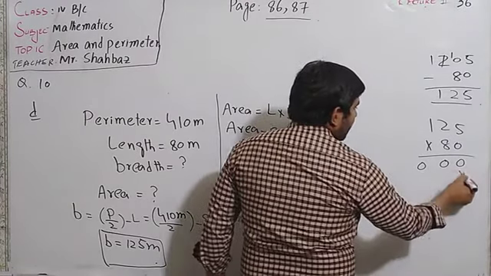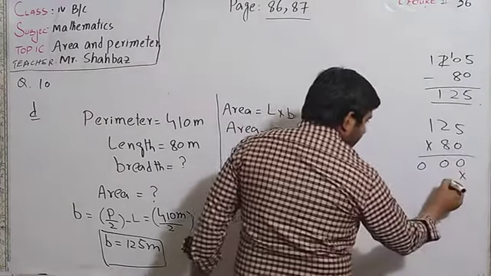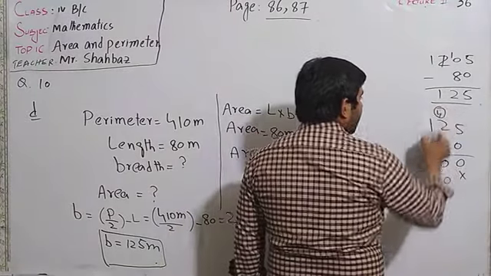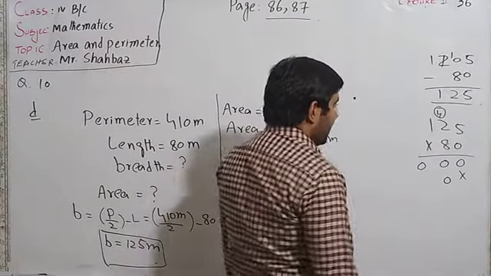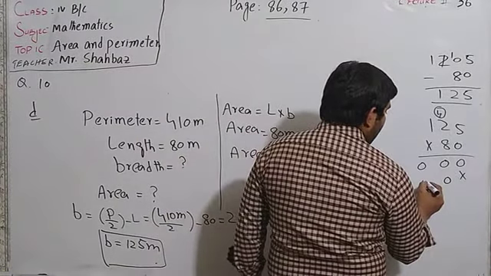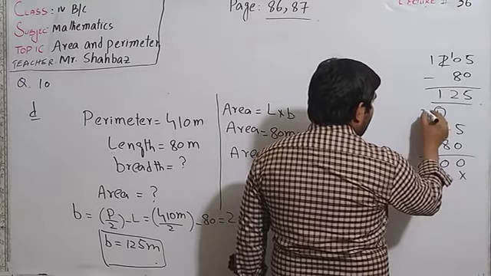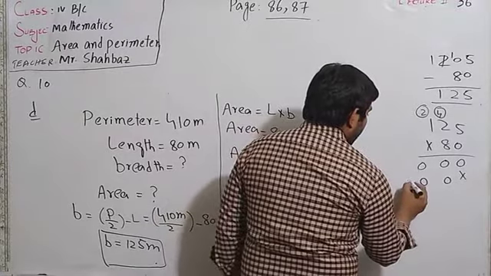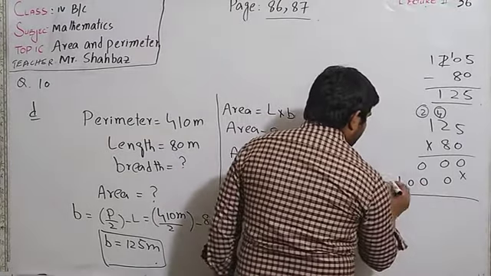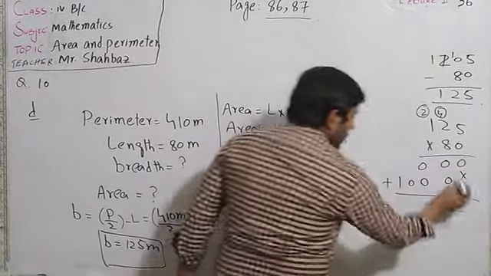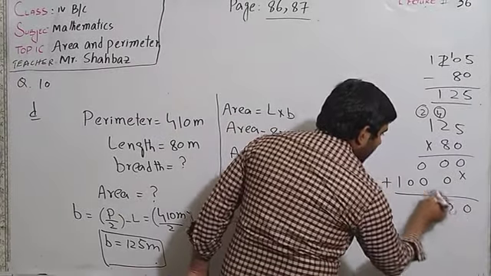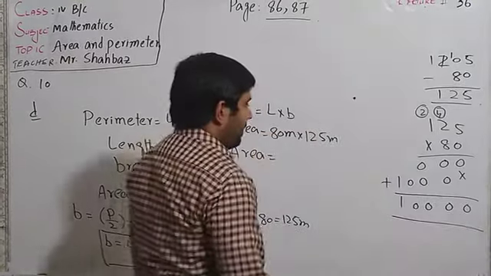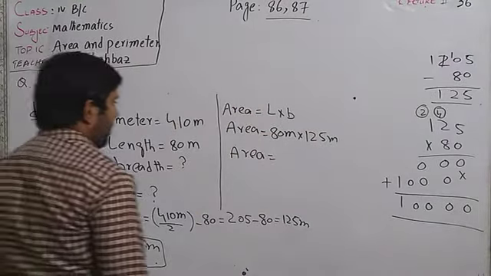And this is 1. 8 fives are 40, 0 will be here and 4 will be carried. 8 twos are 16 plus 4 will be 20, 0 and 2 carry. 8 ones are 8 and 2, 10. So we have to add 0, 0, 0, 0 and 1. This is the answer: 10,000 meters square.